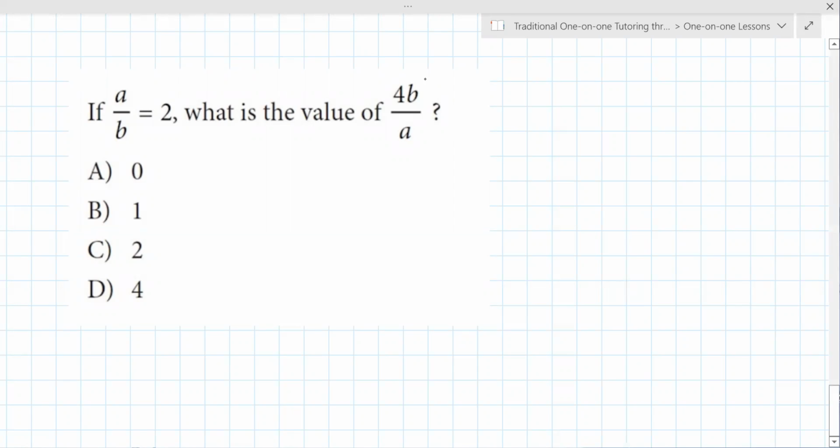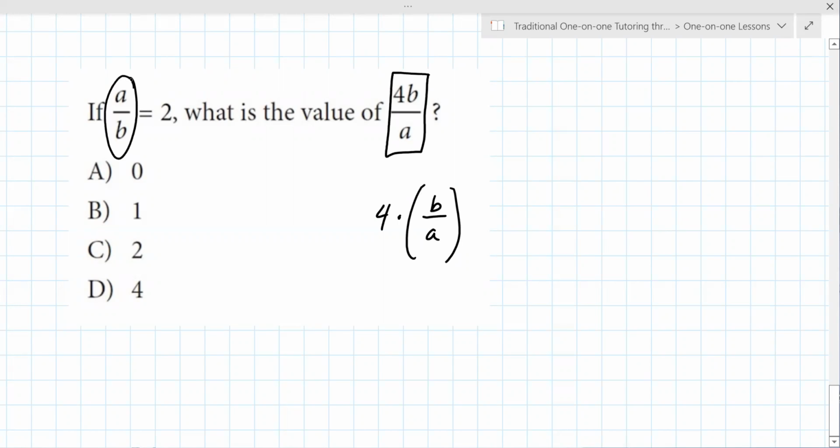Do you see that this right here that I'm boxing is 4 times b over a? Do you agree with that? Is this b over a on the left that I just circled? It's a over b, not b over a.